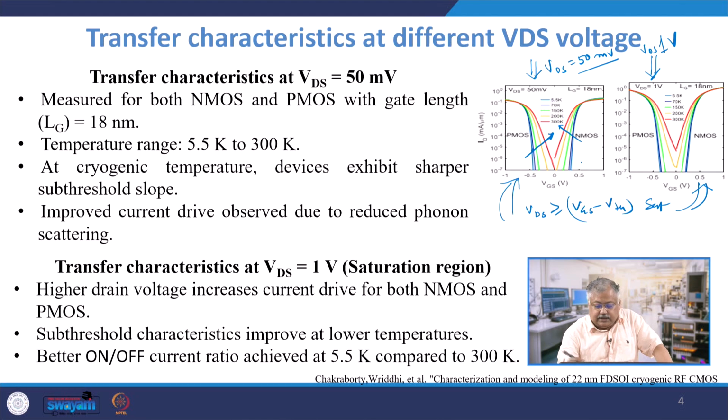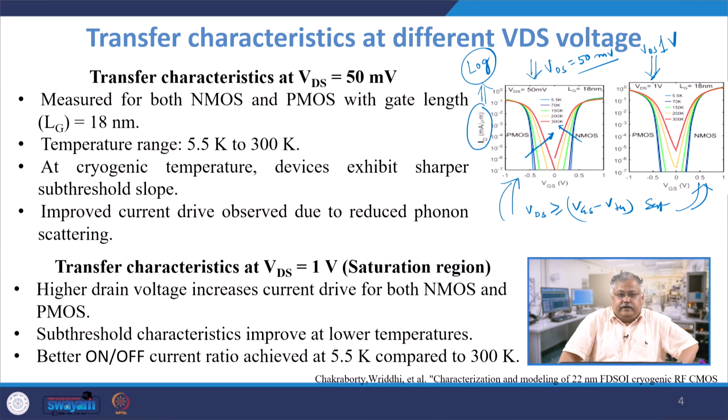Very interestingly, the current scale is a log scale, because there is a large increase in the current for a small increase in the gate voltage, whereas the gate voltage scale is a linear scale.